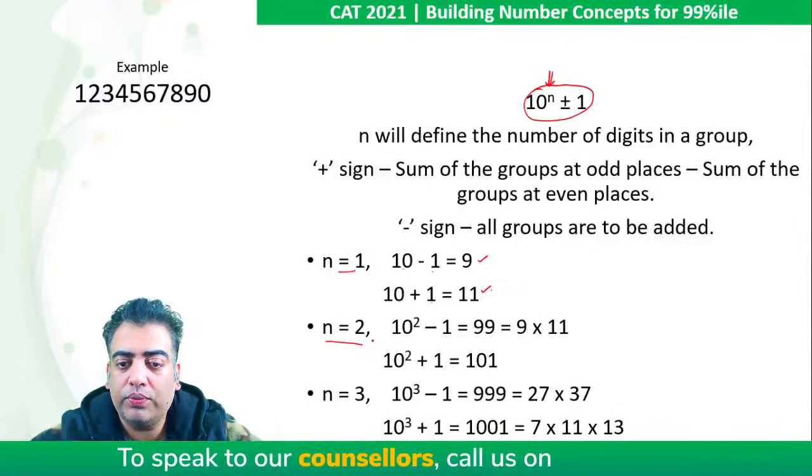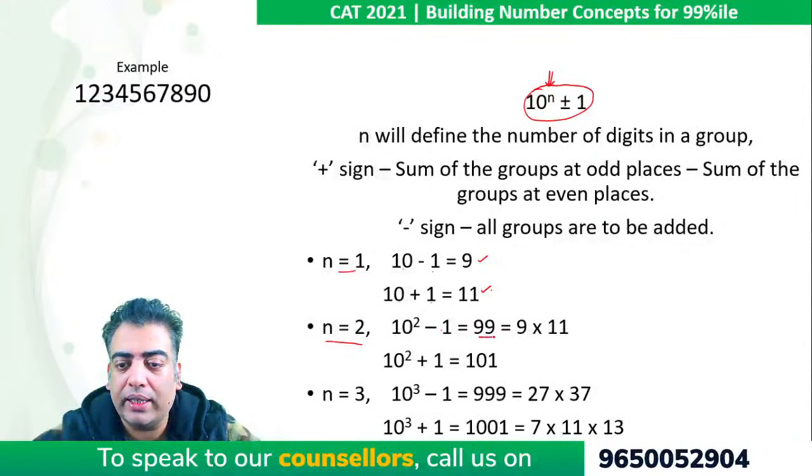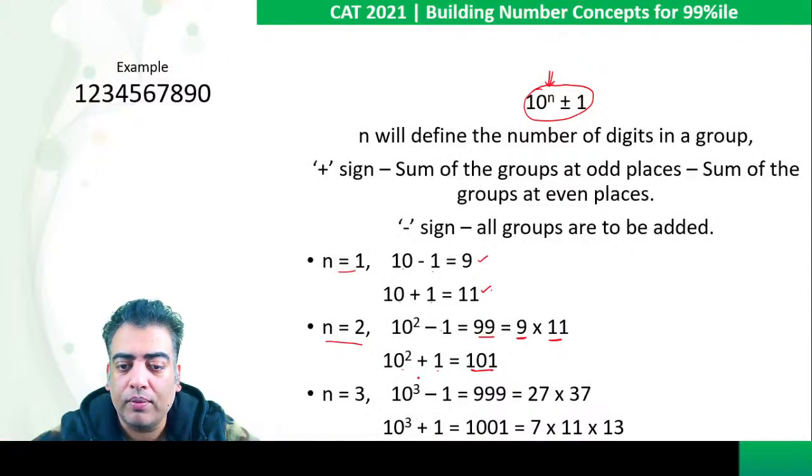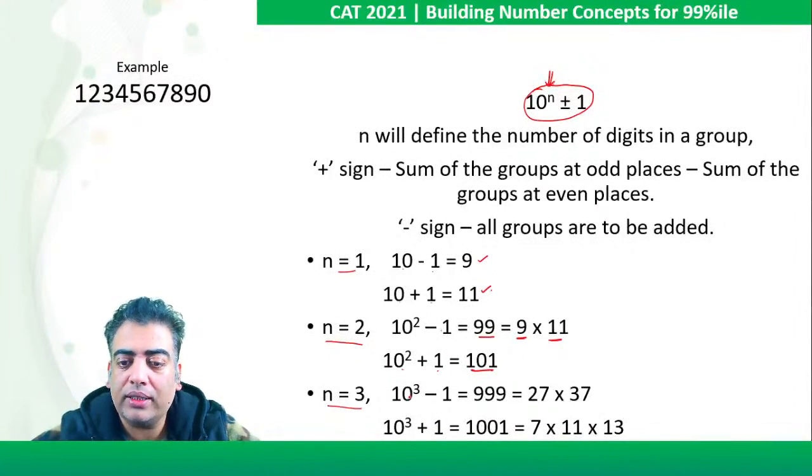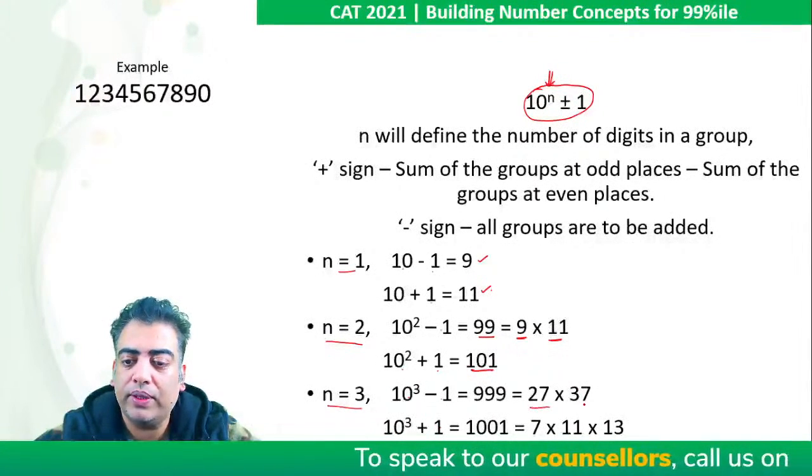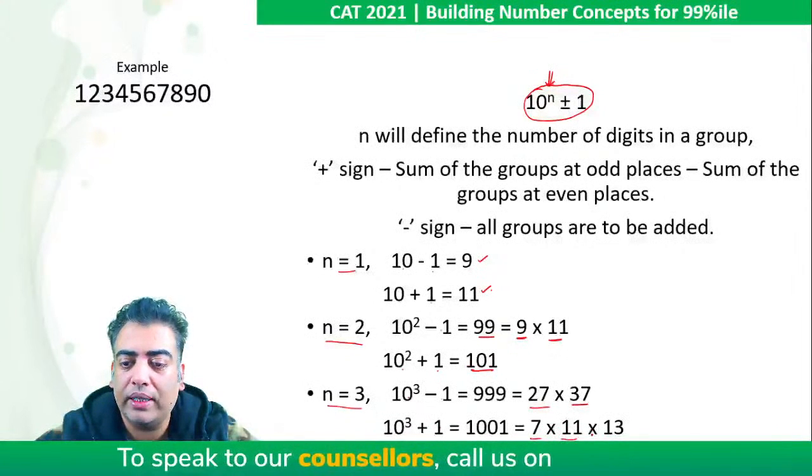When n is 2, we will get 10 square minus 1, which is 99, which can be written as 9 into 11, or 10 square plus 1 comes out to be 101. When n is 3, it is either 10 cube minus 1 or 10 cube plus 1, which gives me the divisibility rules of all these values.